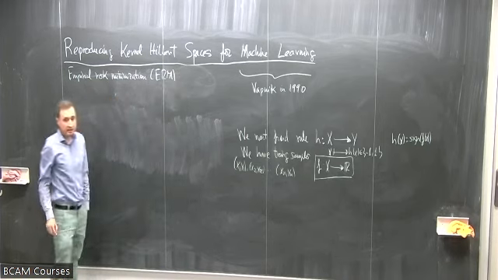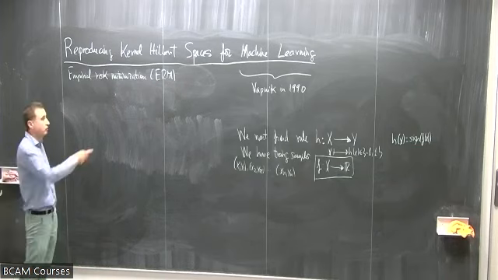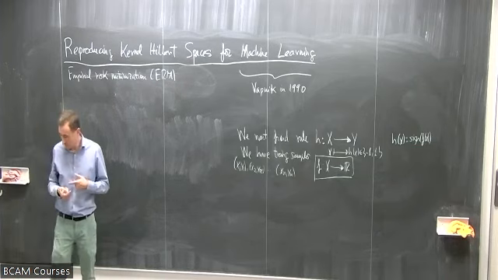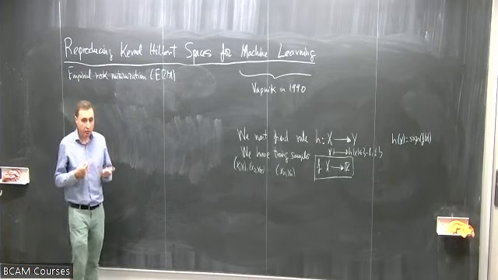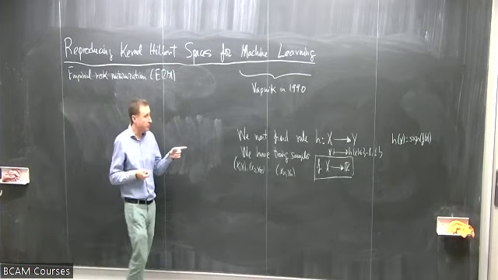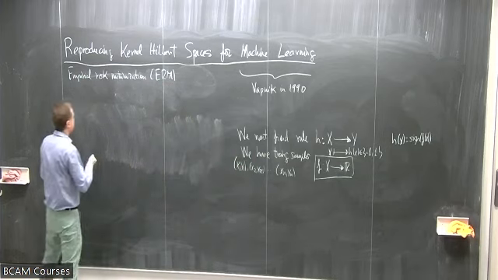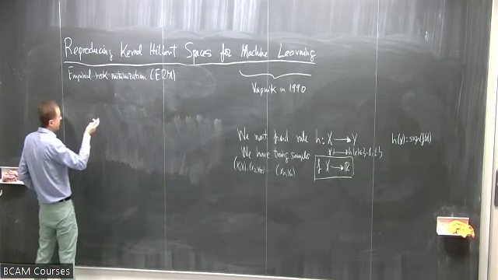In empirical risk minimization, the way you find the rule is by minimizing the average loss of the training examples that you have.